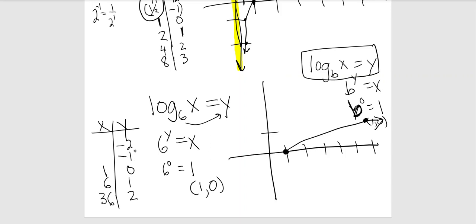So 6 to the negative 1 is 1/6. 6 to the negative 2 is 1/36. So since y represents our exponent, as y decreases, x is a positive fraction getting closer and closer to 0, but never touching it. So now we've graphed y equals log base 6 of x.